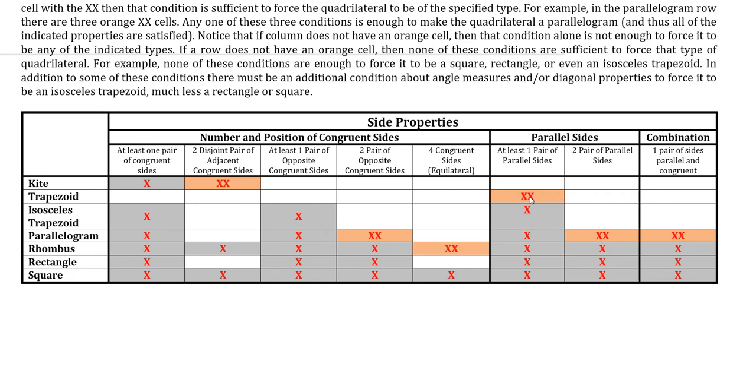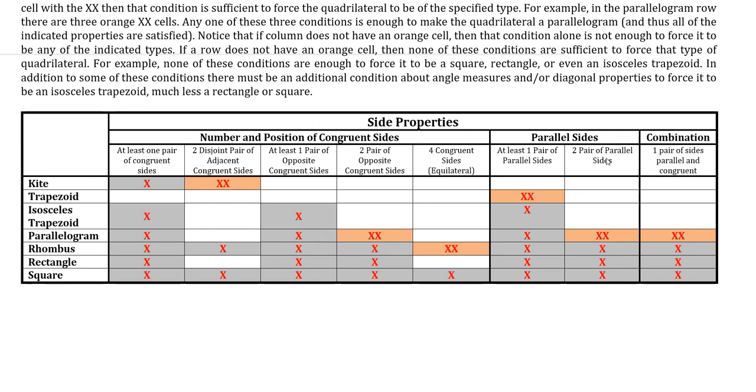How about parallel sides? Well, the defining property of a trapezoid is that it has at least one pair of parallel sides. Isosceles trapezoids, parallelogram, rhombus, rectangle, square, all of those are trapezoids, so they're going to have that same property, but that's not enough to make them these special kinds of trapezoids. It's just enough to make it a trapezoid, period.